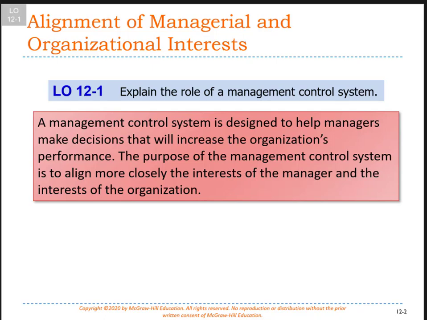So that means that we have to align our control systems to help them understand what the process is and reward the types of behaviors that will actually generate organizational success, or at least reach the goals that have been set by top management, which they believed are going to bring about organizational success.